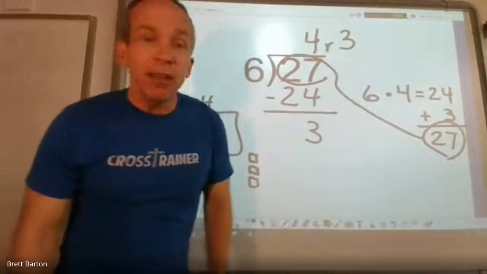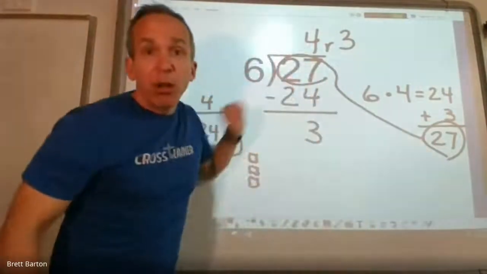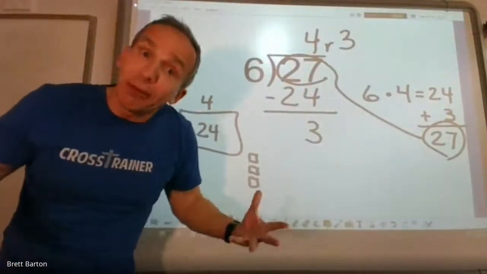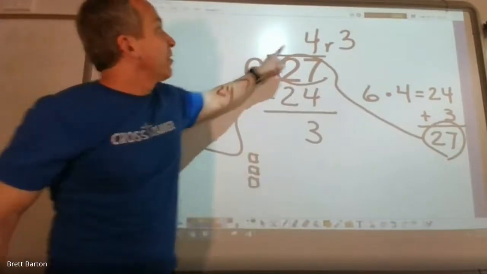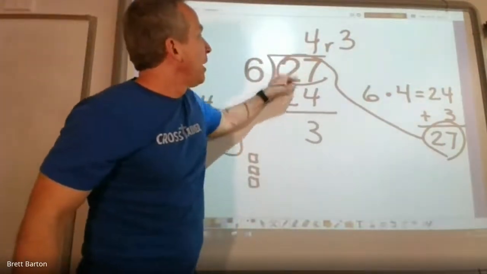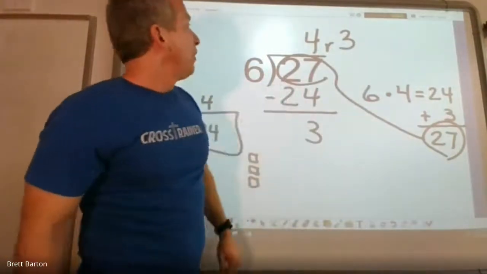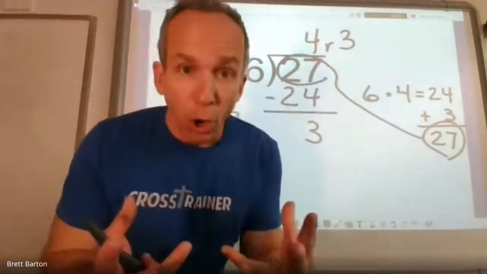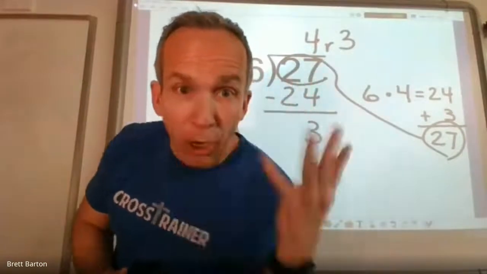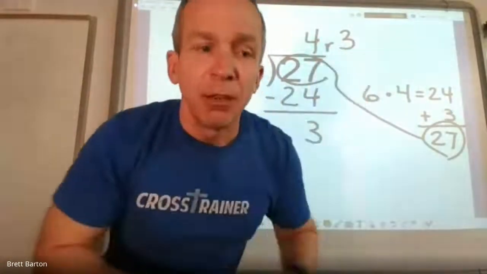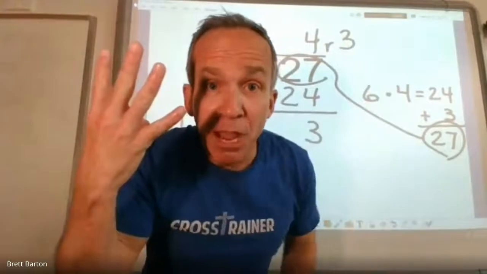If I've done it correctly, this number and that number will match. 27, 27. So 6 times 4 is 24. I subtract, I get the 3 remainder. So 27 divided by 6 is 4, remainder 3.